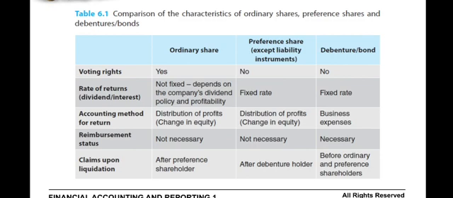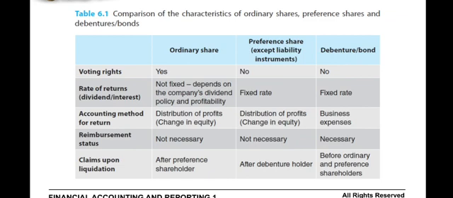After the company has paid all the bondholders, then the company should pay the preference shareholders. So the preference shareholder is in the middle between the liability and the capital.